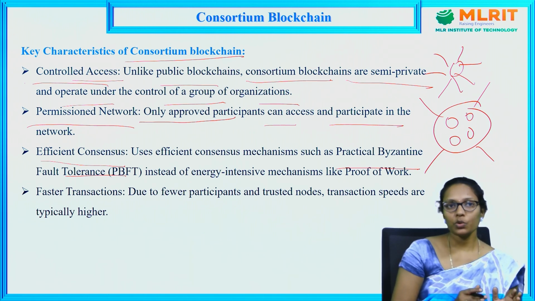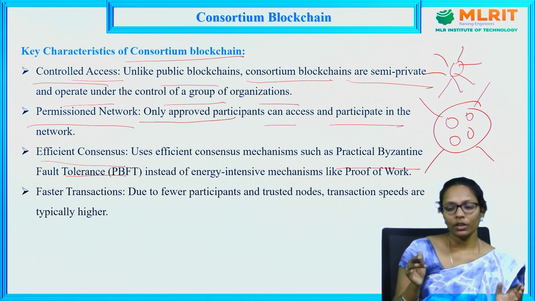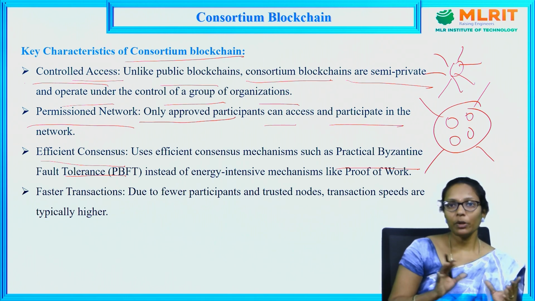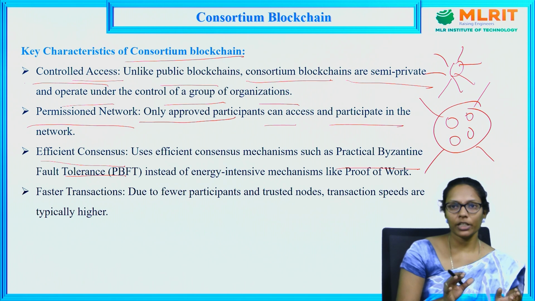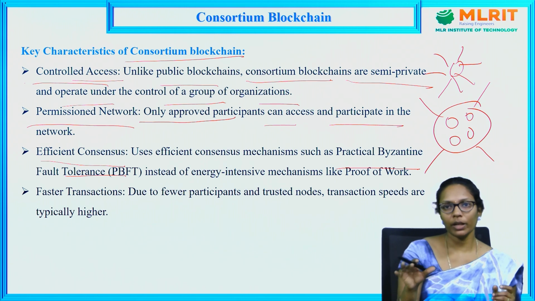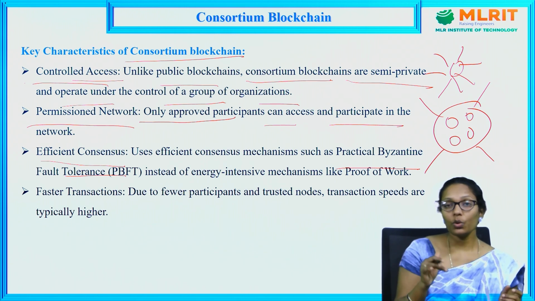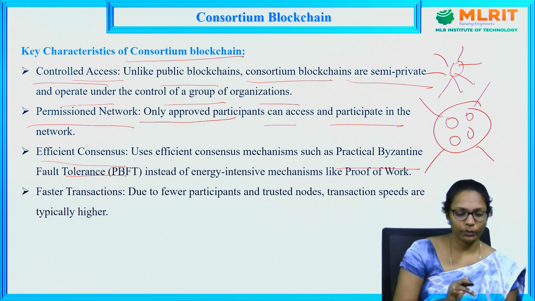PBFT is generally used to overcome the Byzantine problem, where there is no proper communication between the authorized person and the people. If there is no proper communication, the action will not happen according to the schedule. To overcome that type of problem, you use PBFT. There will be proper communication between the sender, receiver, and whoever is participating in the network.